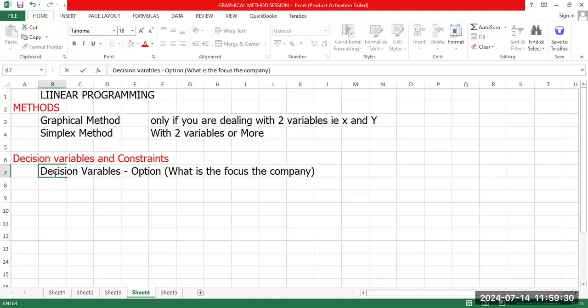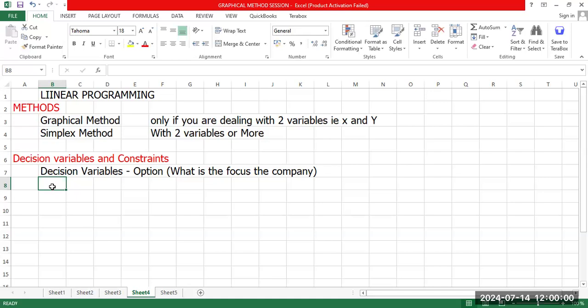Are they going to produce products? And if they are going to produce products, what are those products? Once you know those products, you can easily confirm that those are your decision variables. So it depends on the question you're handling.